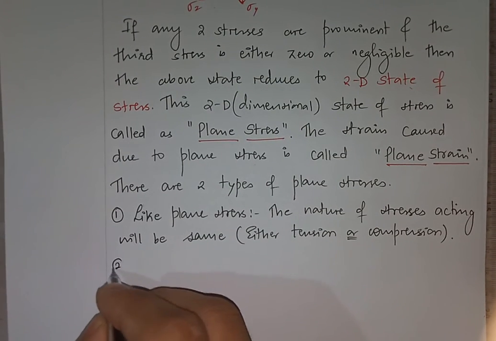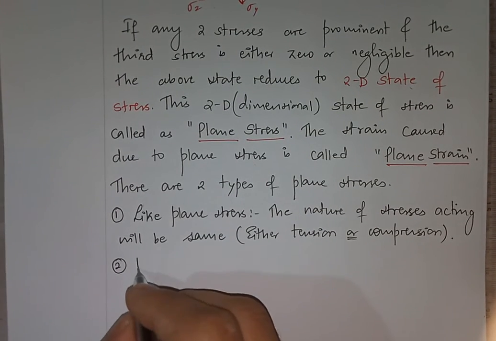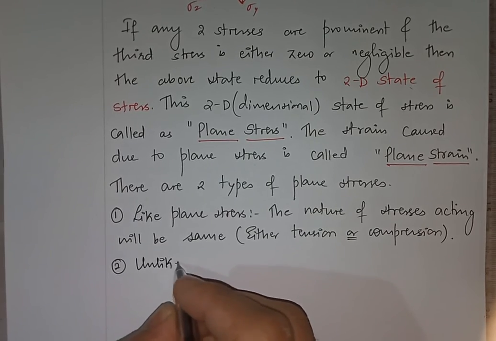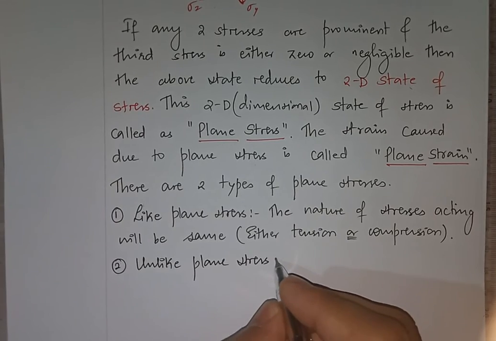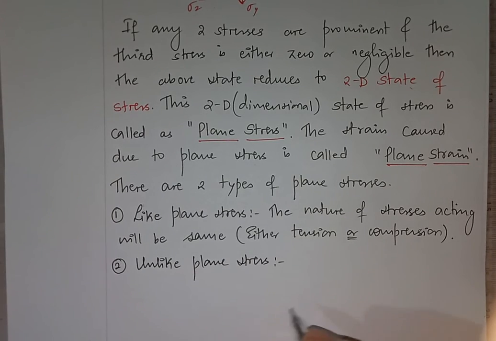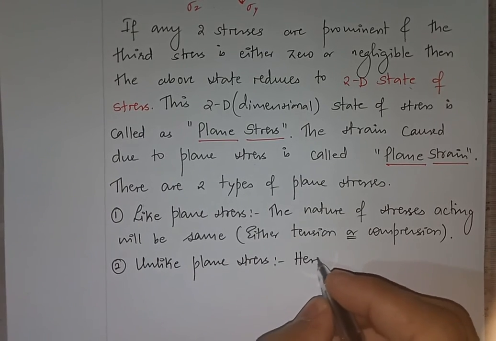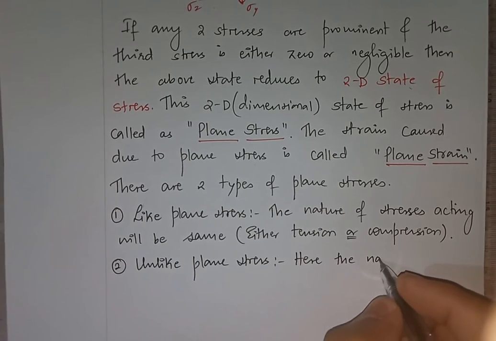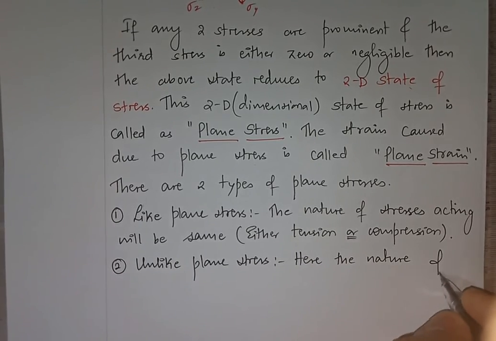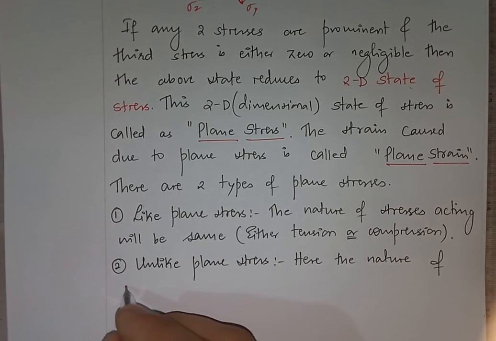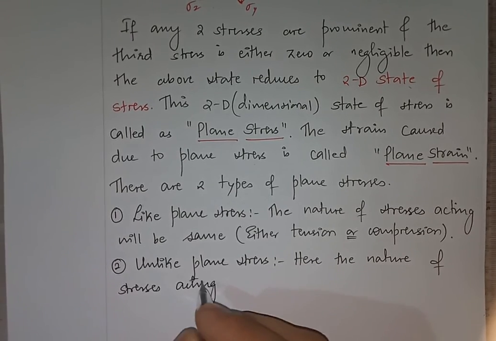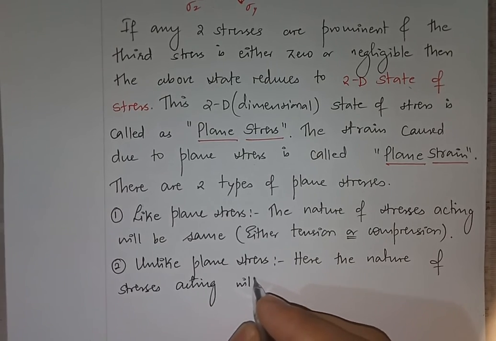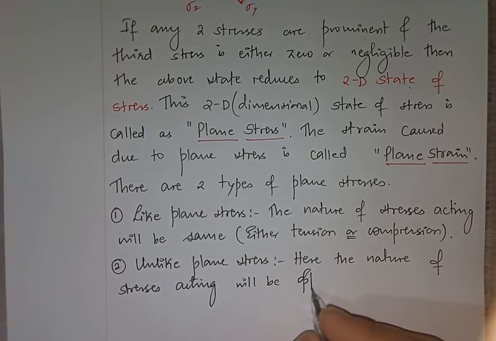So second type of plane stress is unlike plane stress, right? Here the nature of stresses acting will be opposite, right?